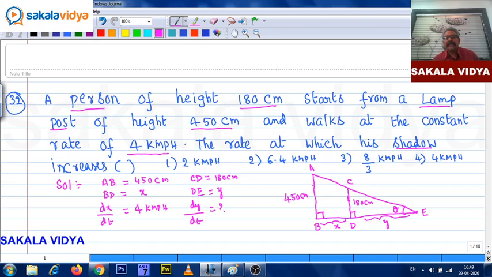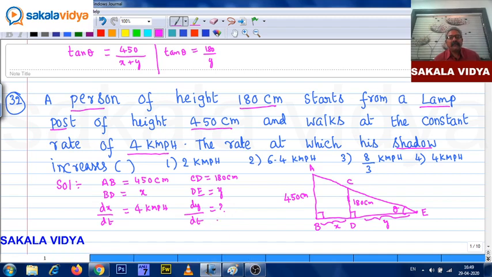So first actually from this triangle ABE define tan theta. What is tan theta? Tan theta is equal to, you get 450 opposite side divided by, we have x plus y. Now in this CDE triangle also define tan theta. Tan theta is equal to, we have 180 by y. So this both are equal.